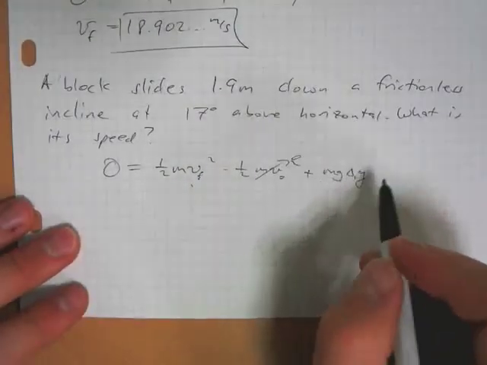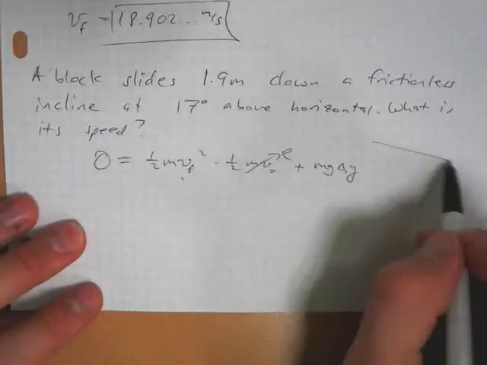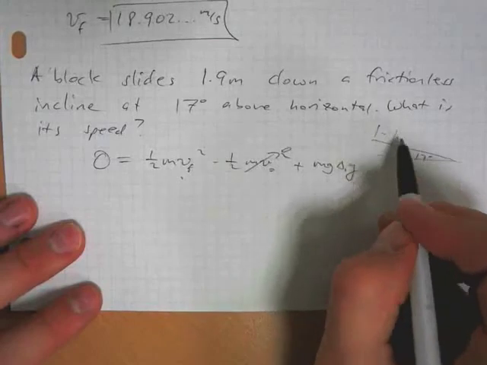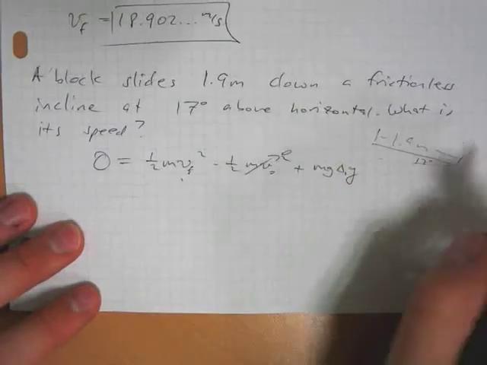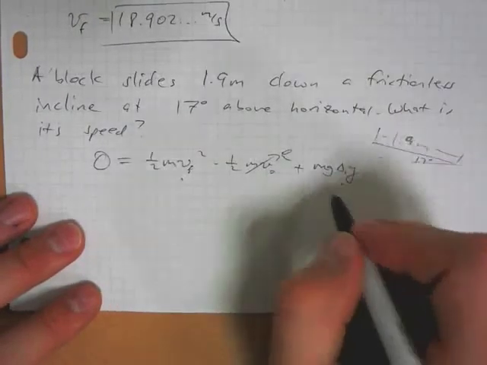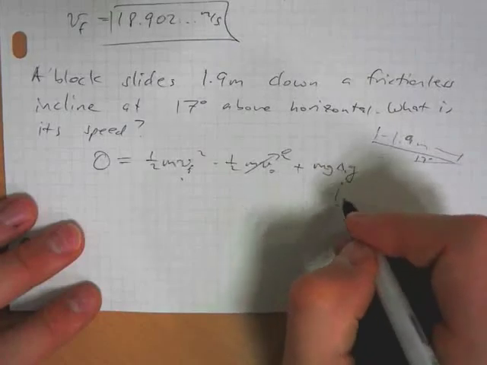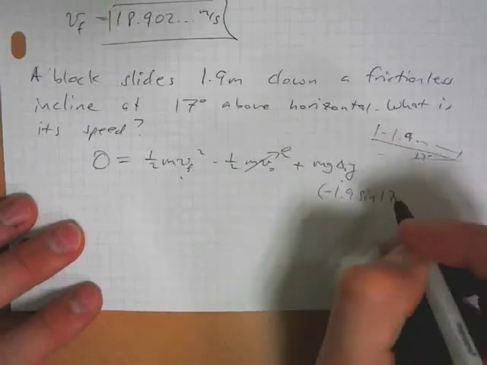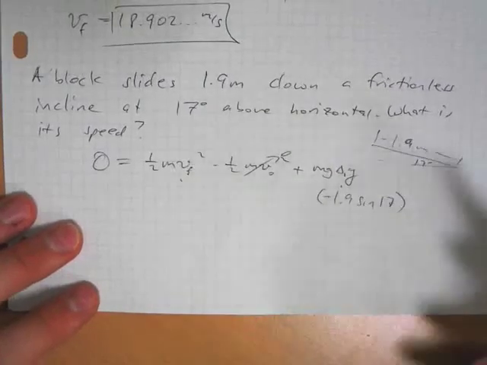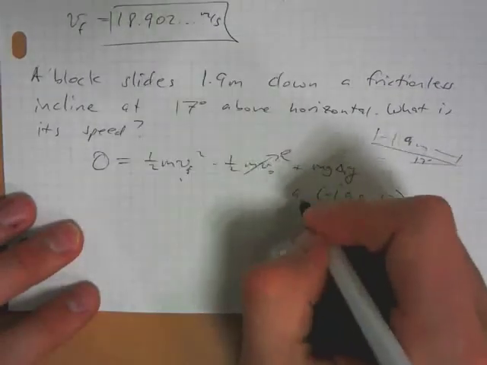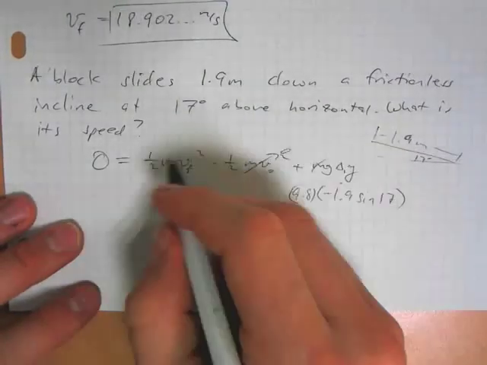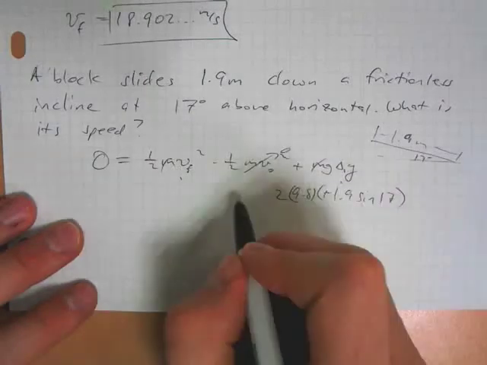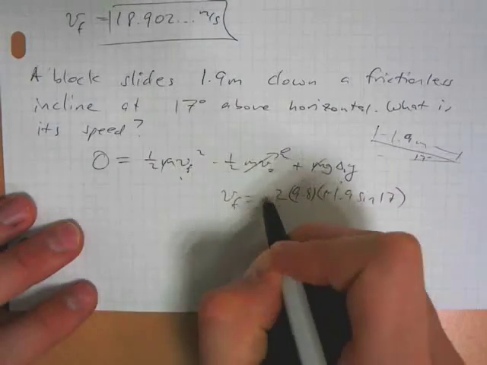Delta y is a little tricky because we're at a 17-degree incline going 1.9 meters, but that's not too hard. Delta y becomes minus 1.9 sine 17, negative because the final is lower than the initial, and then 9.8. The m's cancel out, we've got a 2 thrown in there, and we move to the other side so it becomes positive, and v final is that.